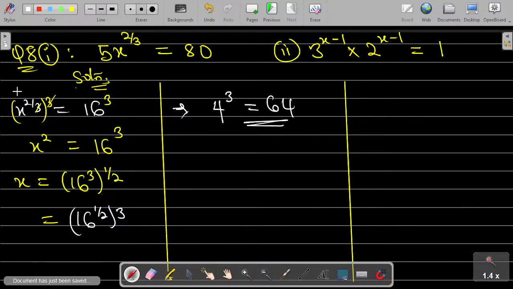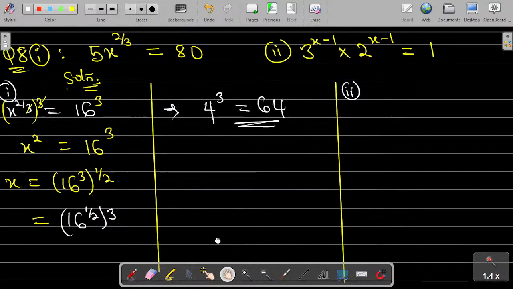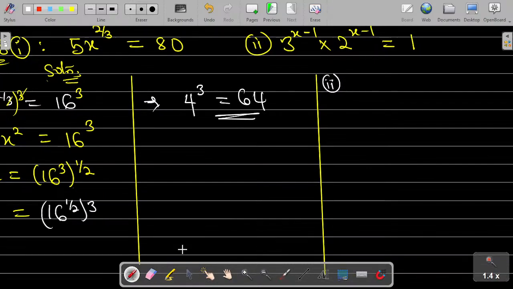Remember, that was I. So let's look at II over here. Here we have 3 raised to the power of x minus 1, and then 2 raised to the same power, equal to 1.